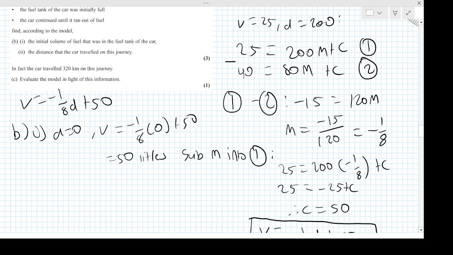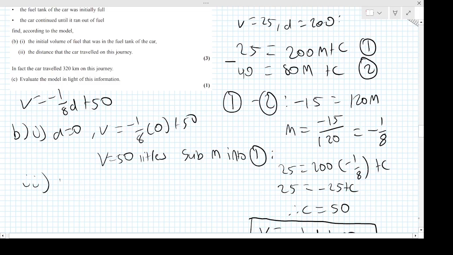There we are. Then the second part says find the distance the car travelled on the journey. Well, obviously when the car runs out of fuel, it stops moving. So it starts from a full tank, and then at the end, it ends up with nothing in the tank.